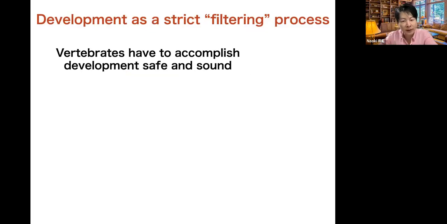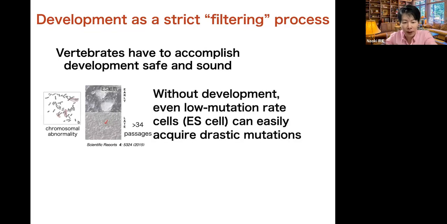Supporting evidence is that vertebrates, especially, have to accomplish development safe and sound every generation. It's a thought experiment, but what happens when you get rid of development from an animal? Without development, like ES cells can be passaged and continue to be passaged for generations and generations without development or without making an adult form.